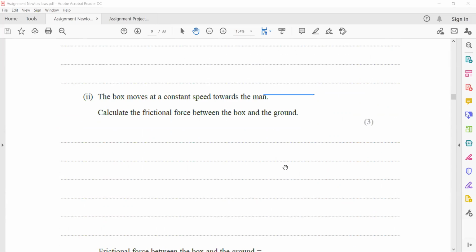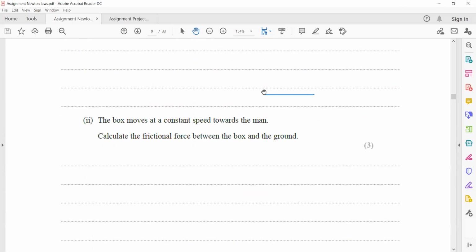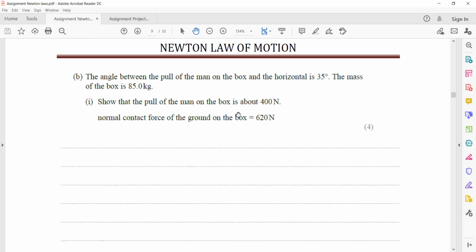Then there is the frictional force between the box and the ground. I will solve the whole part because all parts are interrelated, so you can understand.